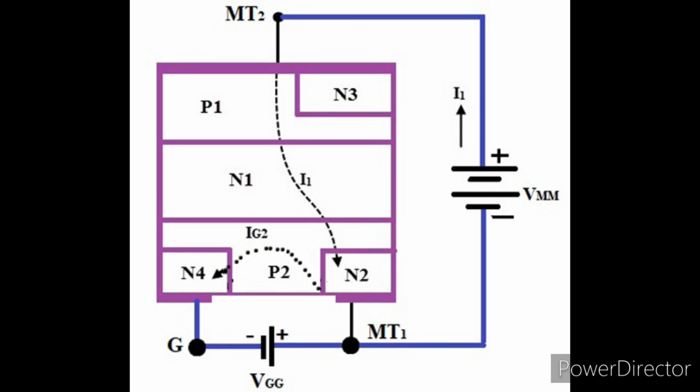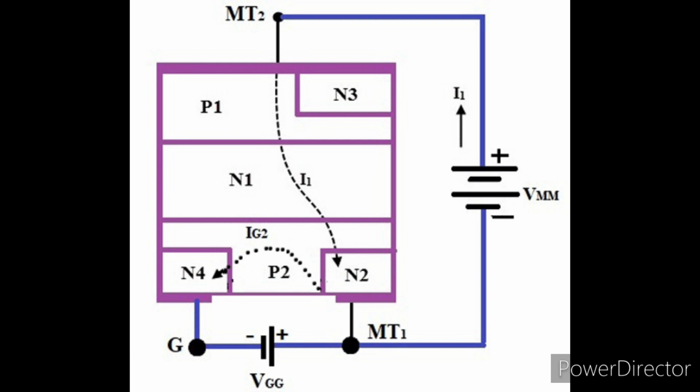The second mode of operation is when MT2 is positive with respect to MT1 with a gate polarity negative with respect to MT1. Here also the junctions P1N1 and P2N2 are forward biased and P2N1 is reverse biased. The negative signal at the gate pushes the electrons into the P2 region.